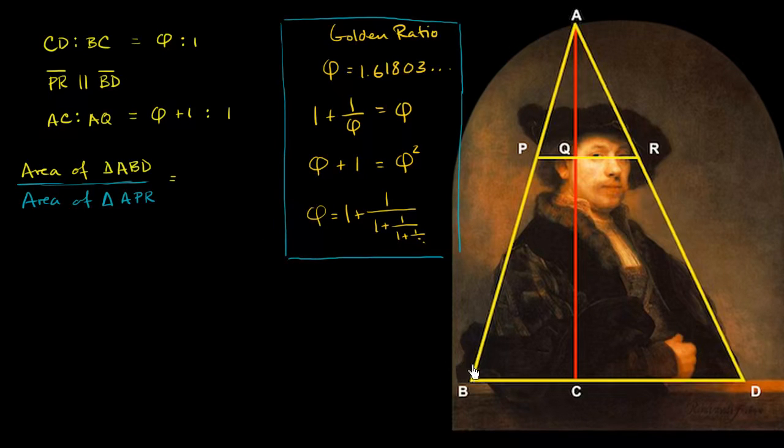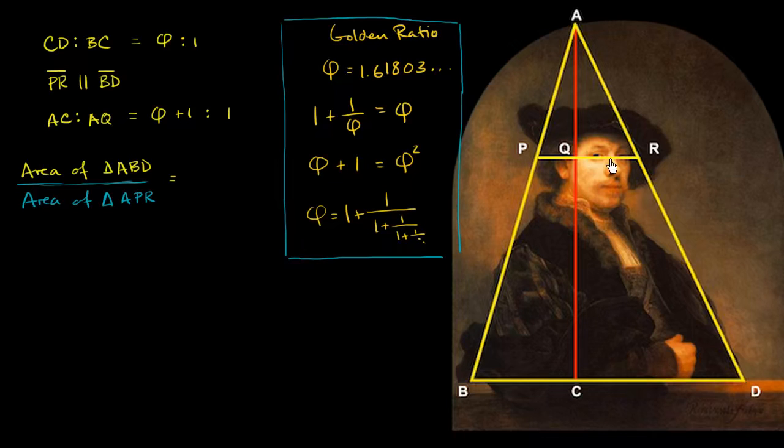We can construct a triangle. Obviously, these triangles aren't part of his original painting. We superimpose these. But if you were to put a base of a triangle right where his arm is resting, and then if you were to have the two sides of the triangle kind of outline his arms and shoulders, and then meet at the tip right at the top of this arch, you would construct triangle ABD, just like we have here.